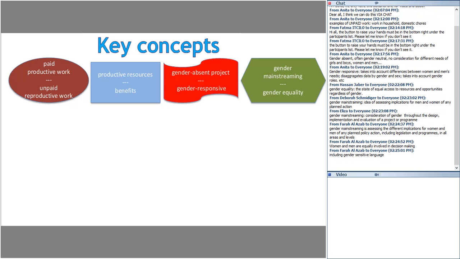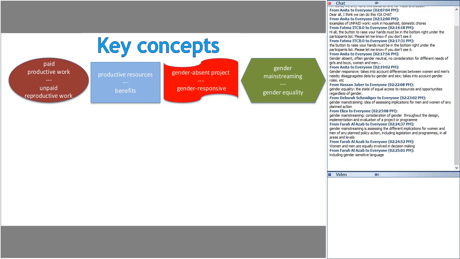Thanks, Deborah. Elisa also added to the gender mainstreaming definition, considering gender throughout the design, implementation, and evaluation of a project or a program.